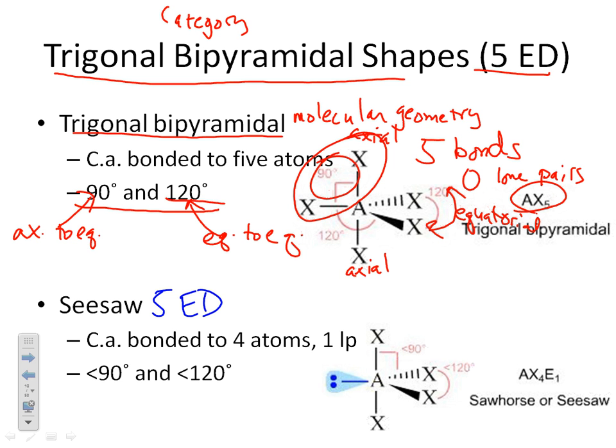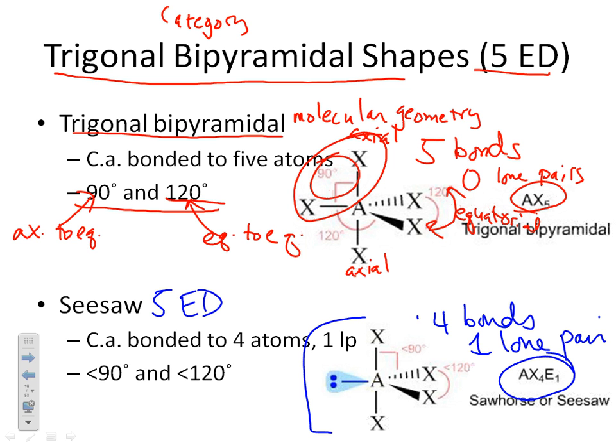So we still have 5 electron domains, so this is still within the trigonal bipyramidal category of shape, but we have 4 bonds and 1 lone pair. That's where the 5 electron domains are coming from. That's AX4E1. This is what the picture will look like. So this is our lone pair.